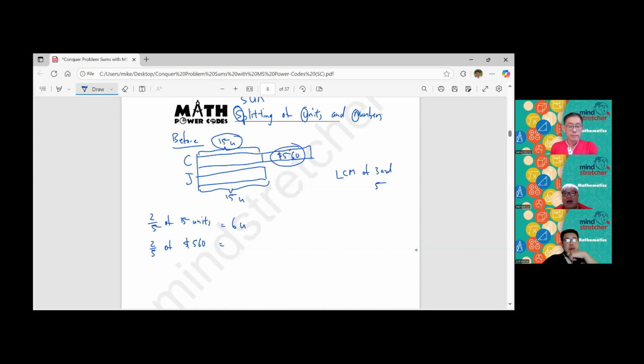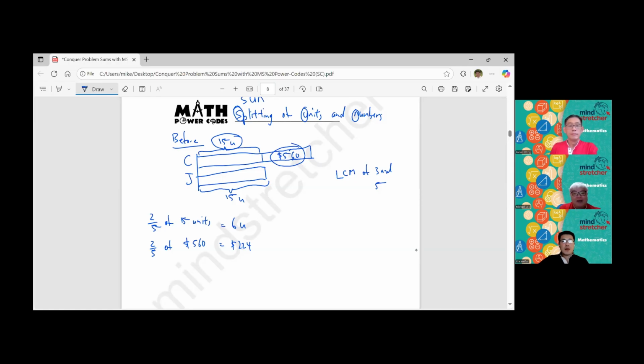You can just type the answer in the chat. What is 2/5 of $560? Yeah, I see 224, correct. That means for Christopher, I have to remove 6 units and $224.